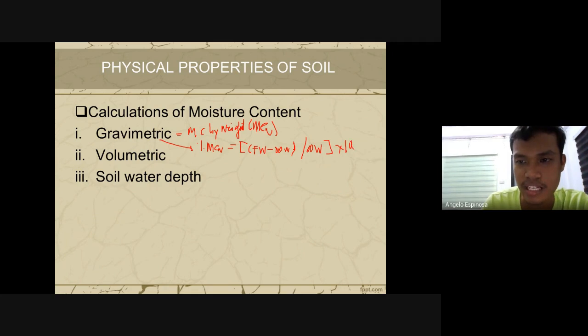Kasi percentage yung hinanap, kailangan mag-times 100 tayo. So, that is the formula for gravimetric moisture content.